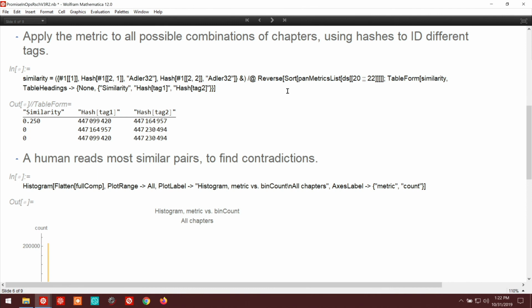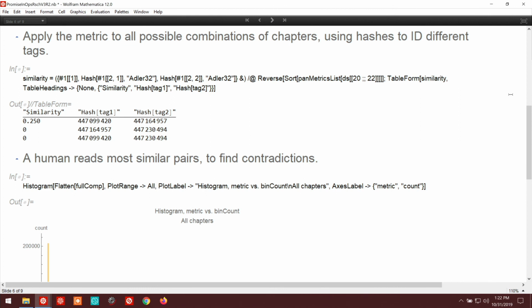It's just a hash of the chapter title. The similarity refers to how many acronyms it has in common. In this case, the bottom two pairs had no acronyms in common, and the top pair did. So for that reason, we would inspect the top and not the bottom.